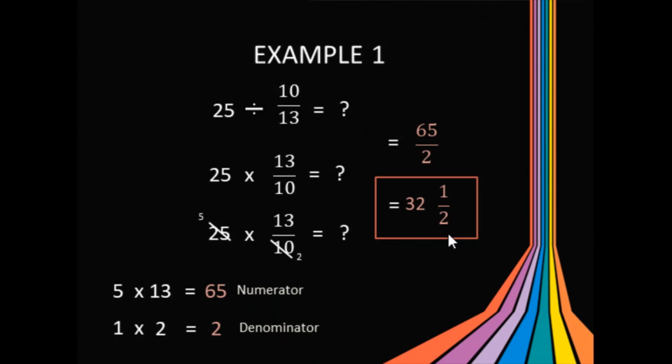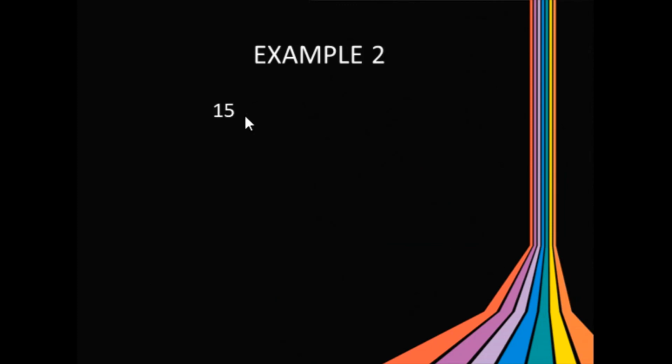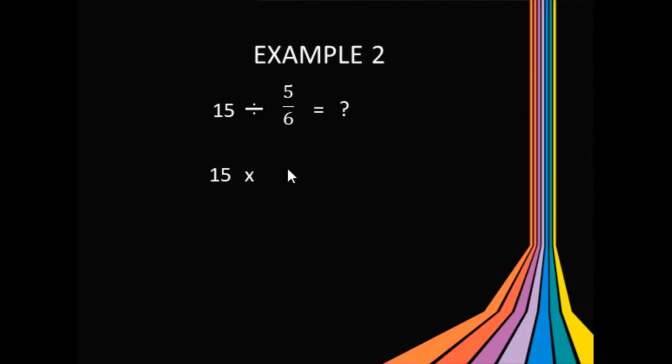Last example. 15 divided by 5/6 equals blank. 15 times the reciprocal, which is 6/5, equals blank. 15 times 6/5.